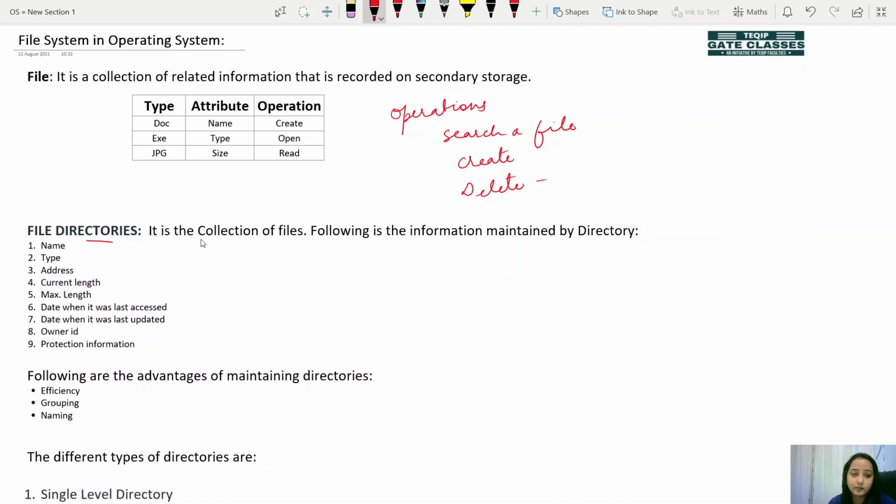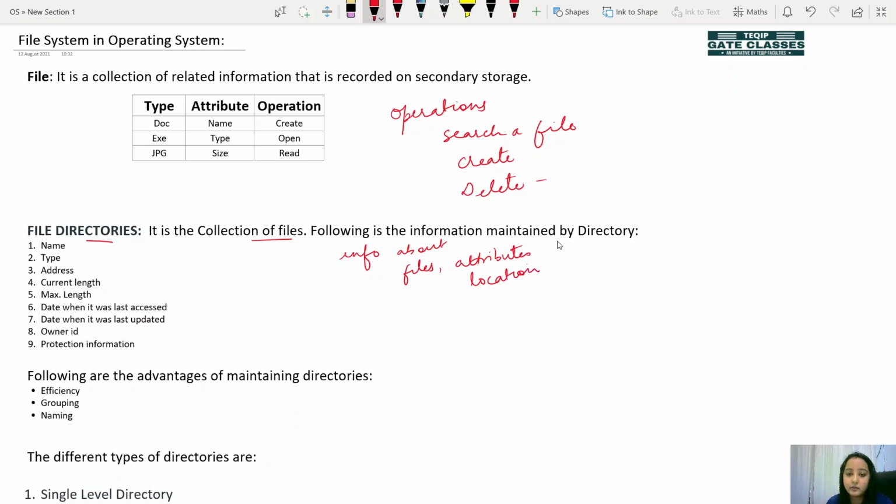Next we have the file directory. What is a file directory? It is a collection of files. It also contains the information about the files, including their attributes and location.